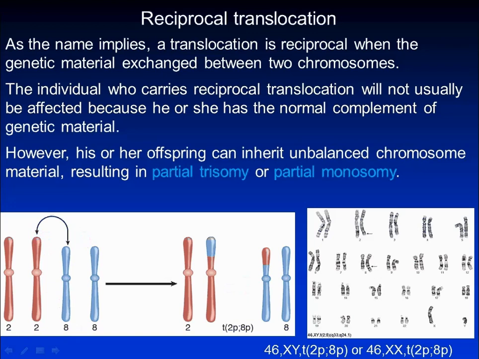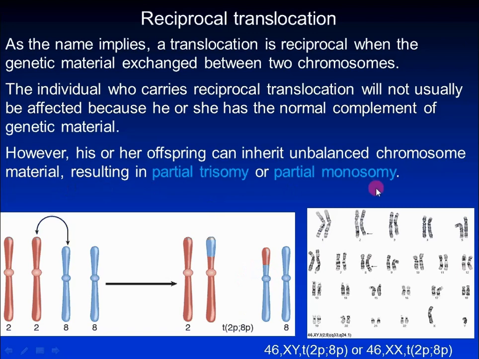The individual who carries reciprocal translocation will not usually be affected because this person has the normal complement of genetic material. However, his or her offspring can inherit unbalanced chromosome material, resulting in partial trisomy or partial monosomy.